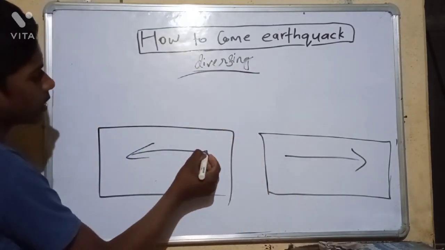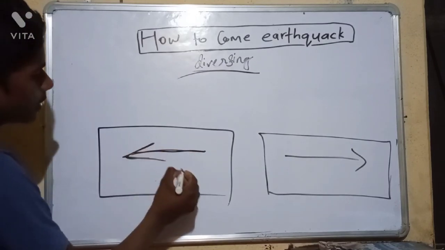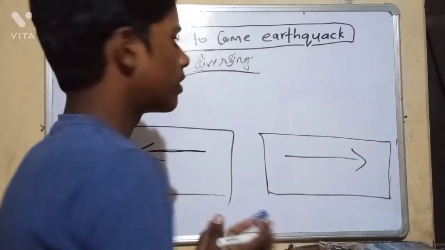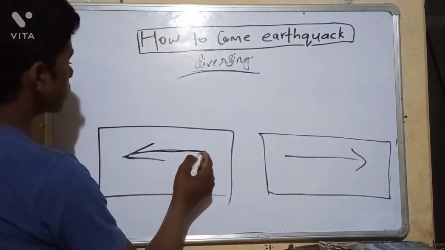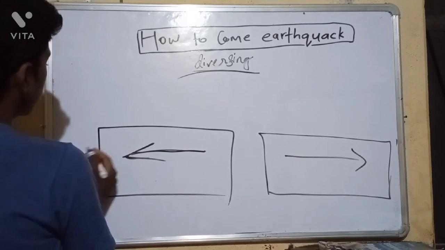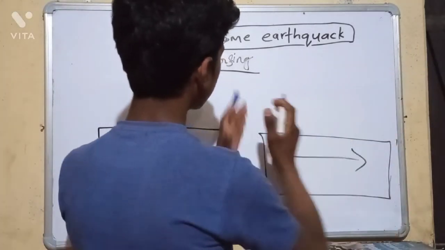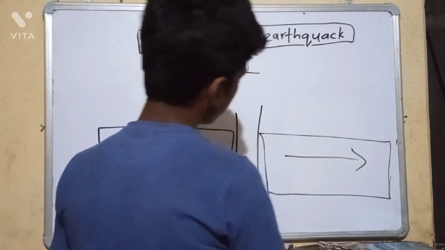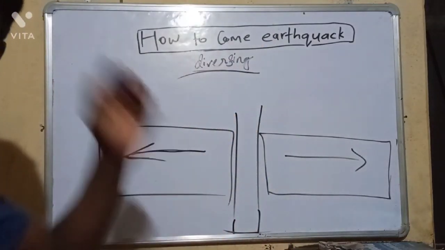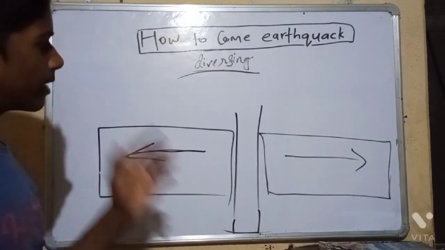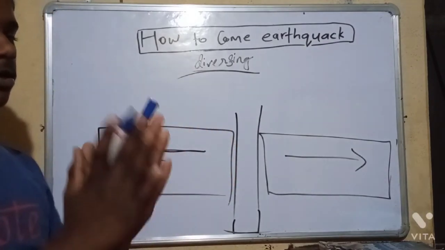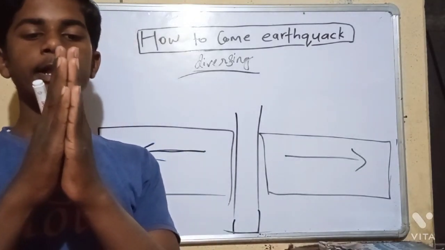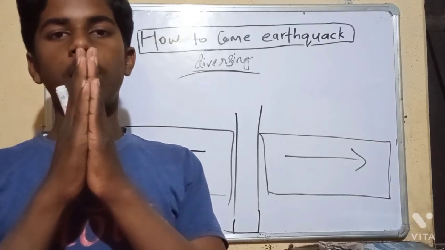In this case, two tectonic plates go to opposite sides. One moves to the left side and the other moves to the right side. In the middle a hole forms, which forms a volcanic eruption. The crust breaks, and due to diverging the plates move opposite to each other.